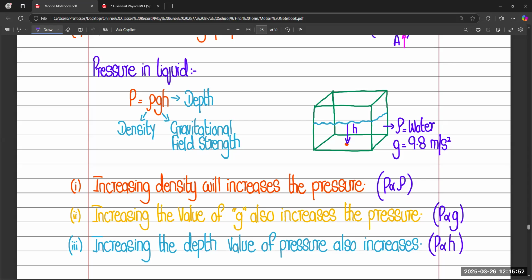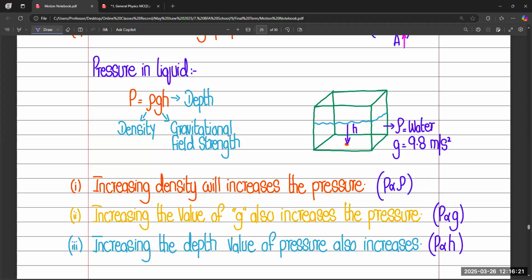But for example, when we start running, we are not able to breathe smoothly, right? Because we are getting external pressure from the atmosphere, and because of that, it becomes difficult to breathe.